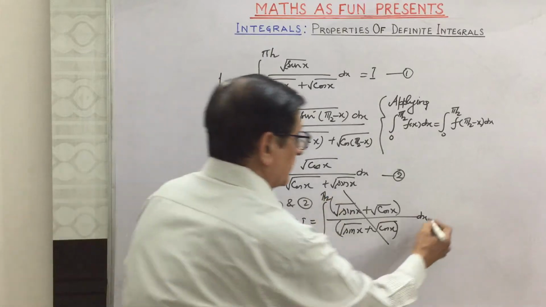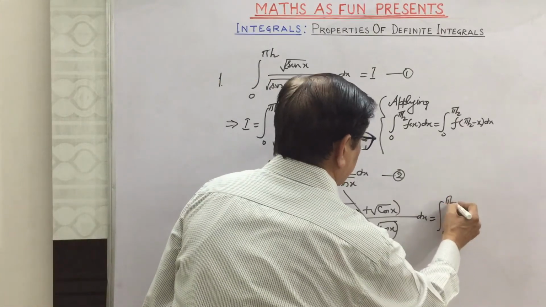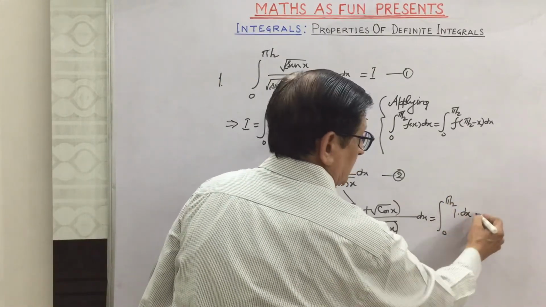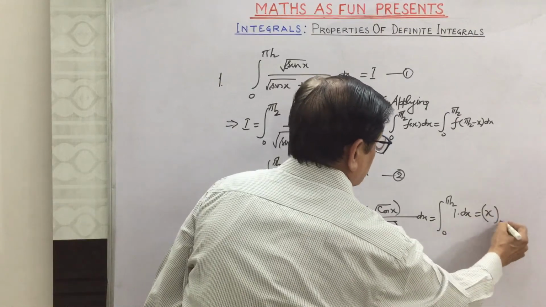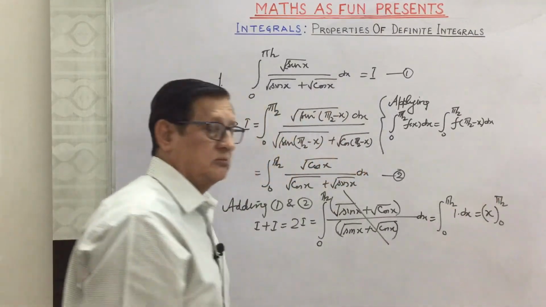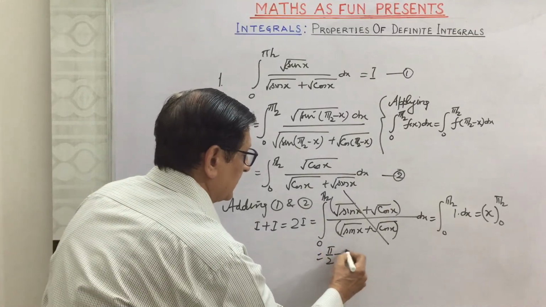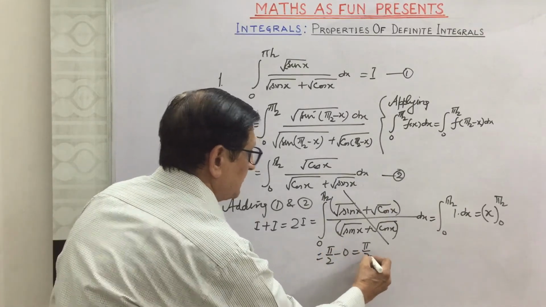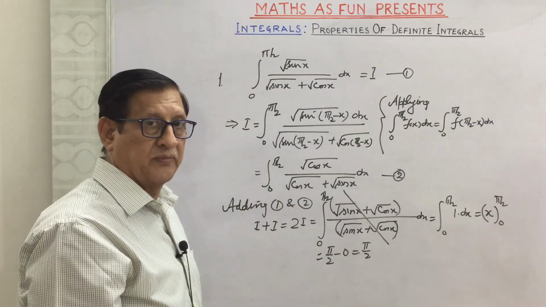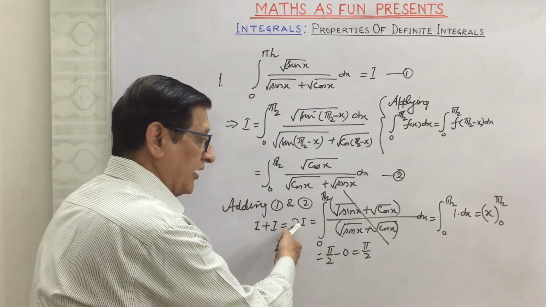It means we are getting here integral from 0 to pi by 2 of 1 dx, which is equal to x from 0 to pi by 2. If we substitute the limits, we get pi by 2 minus 0, that is pi by 2. This is the value of 2I.